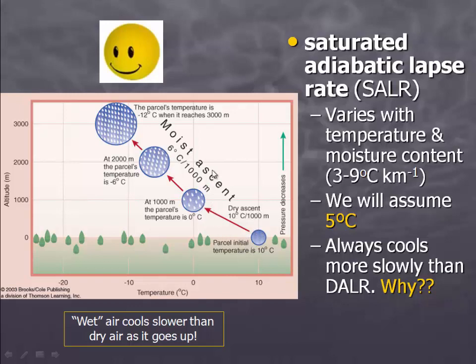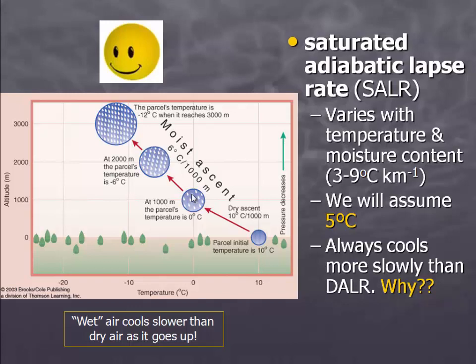As we go through this condensation process, recall that condensation is a warming process and gives off energy inside of the parcel. So as the parcel changes state from water vapor to liquid water, this condensation process actually releases heat inside of the parcel and goes back to warm the temperature.